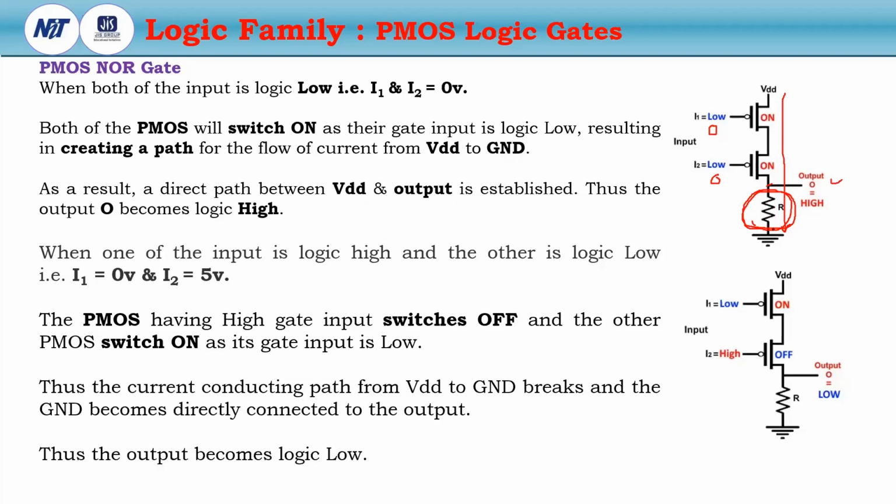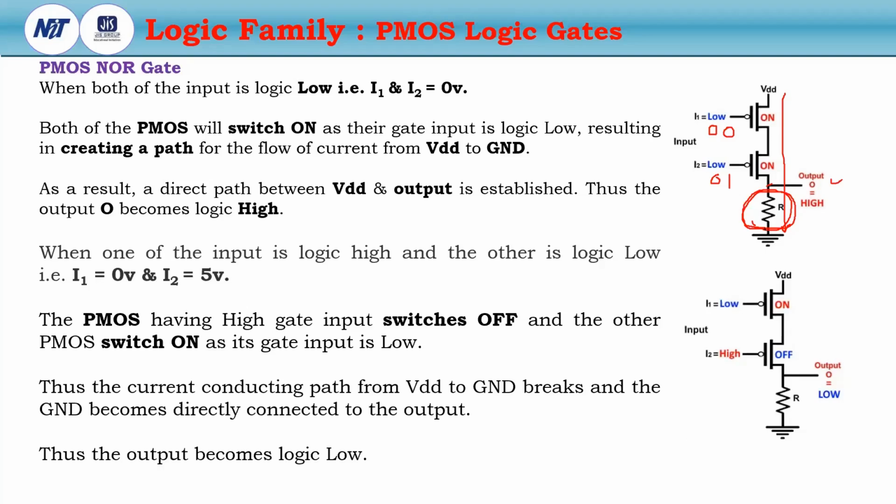driver. When any one of the inputs, suppose this is 0 and this is 1, then the load section is open circuited. So then the output will transfer through the R to the ground.